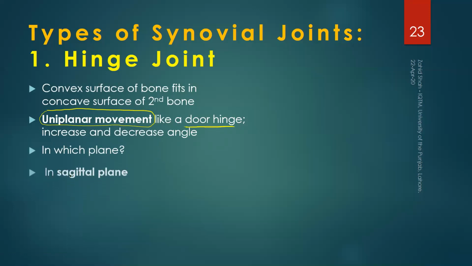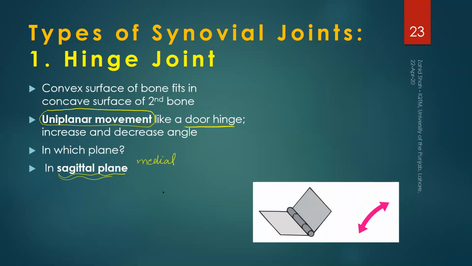And the movement is possible in the sagittal plane. So they resemble the hinge of a door. And the examples are knee joint, elbow joint, and interphalangeal joints, the joints between your phalanges.